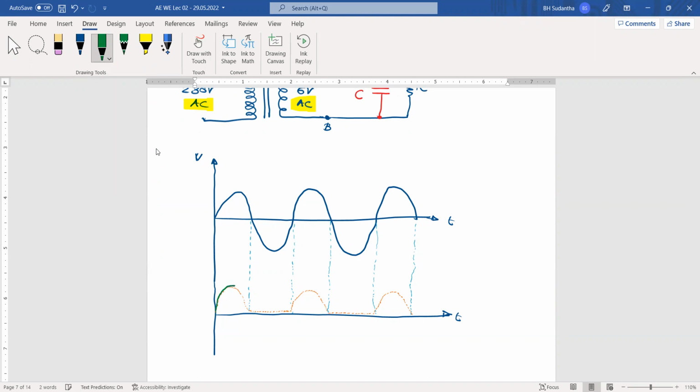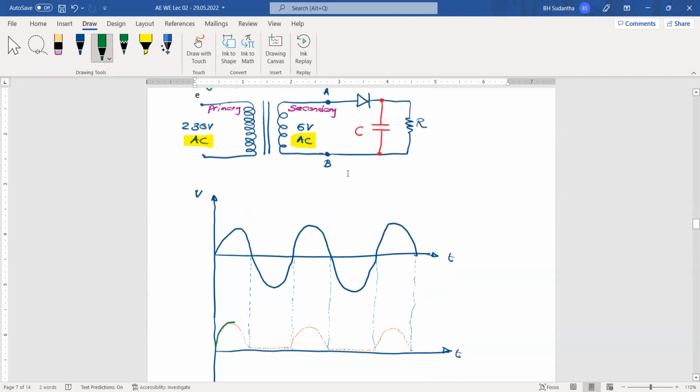Okay. After that, the input voltage is coming to 0. But at the moment, the capacitor has been charged to this voltage. Now, the input voltage is going down to 0, but the capacitor is having a certain voltage. Then during this time, the capacitor can provide voltage to the resistor.